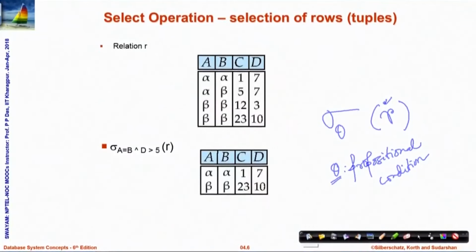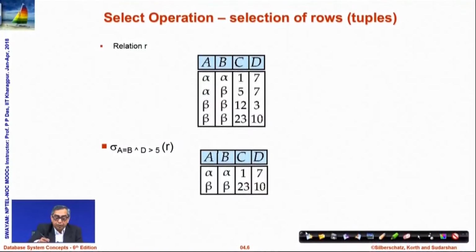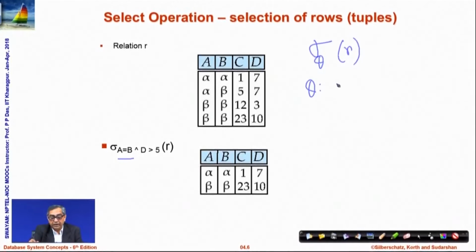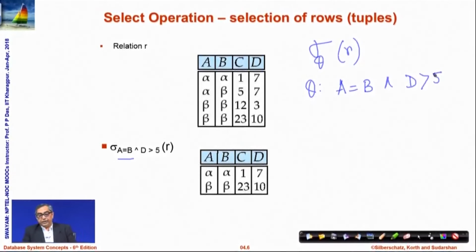So, let us look at this example. Our condition theta is A equals B and D is greater than 5. We are saying that for any row to be selected, the value of its A attribute should equal the value of its B attribute, and when that happens, the value of its D attribute must be greater than 5.